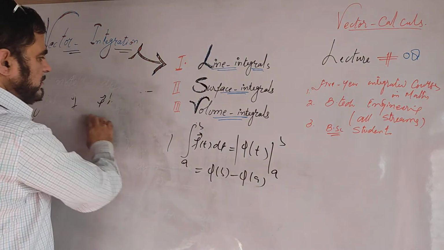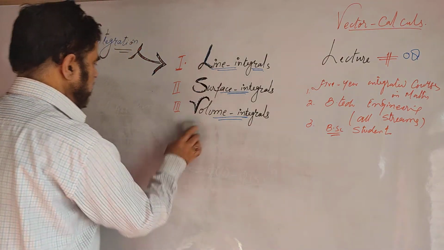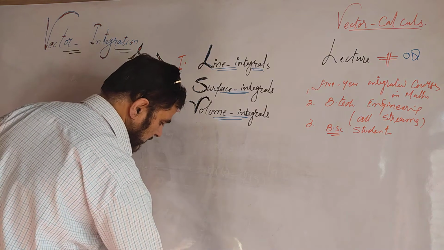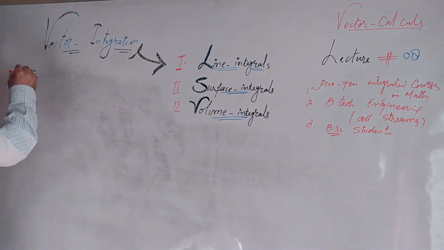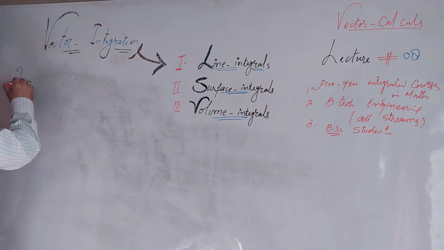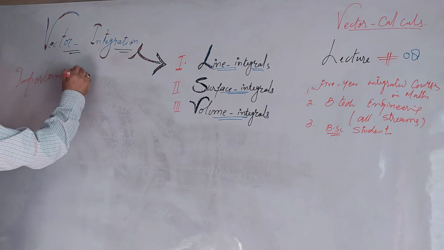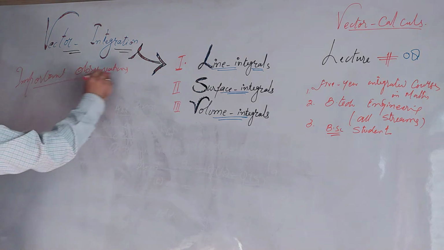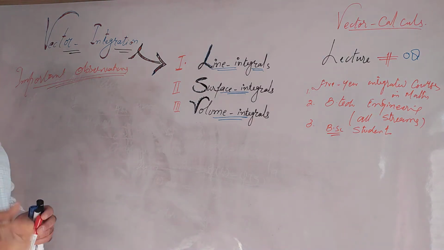Well, we will now take some important points to remember before we deal with the fundamental formulae. These are some important observations. These things you have to bear in mind.